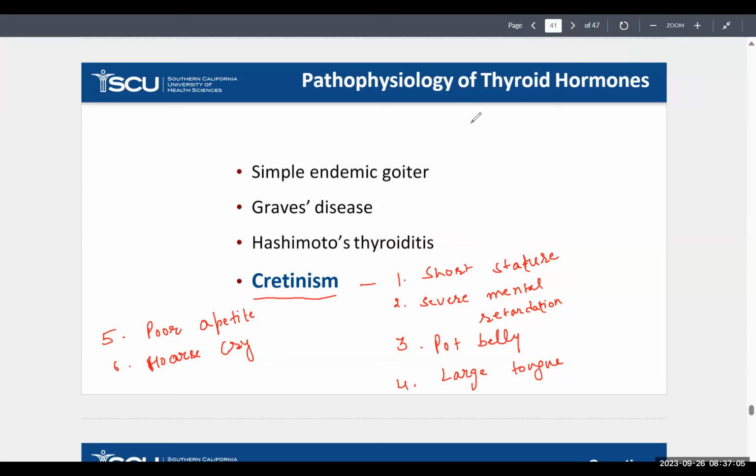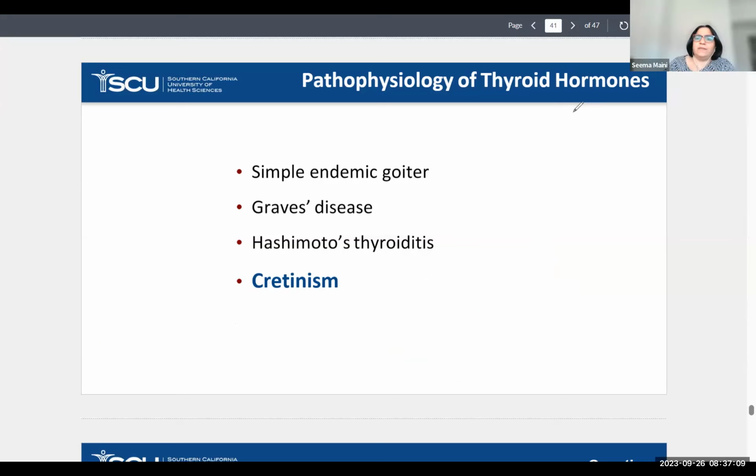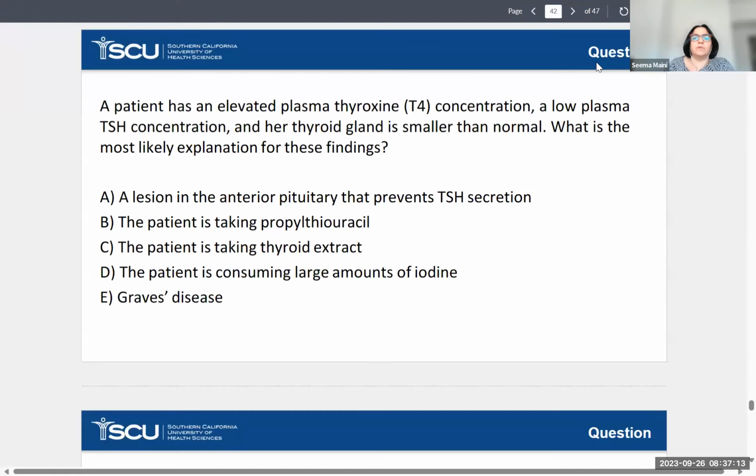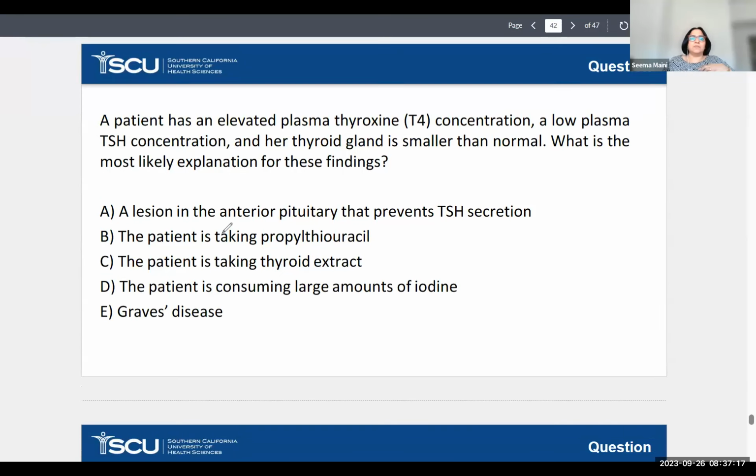All right. Okay, Michael, let's move on, and then we have a few questions, and then I think we are going to move to the next chapter. This question says a patient has an elevated plasma T4 concentration, a low plasma TSH concentration, and her thyroid gland is smaller than normal.